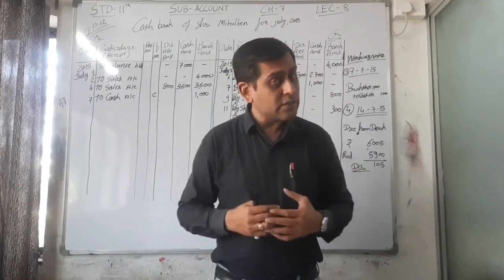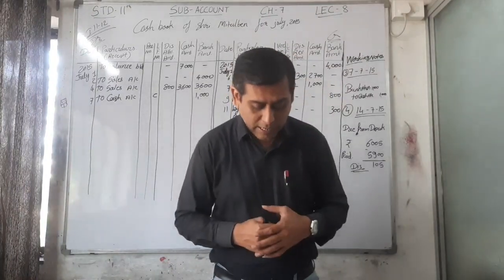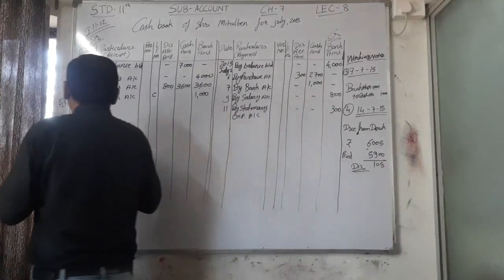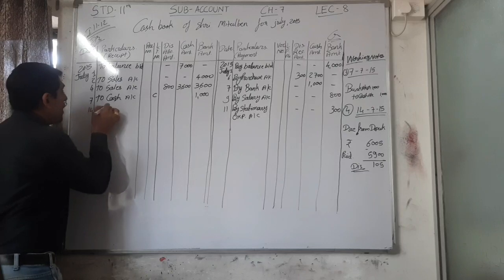Here we are receiving, that's why we have to write down on the receipt side. So on the receipt side, Deepak has given us, what is the date? See, 14, to Deepak account.